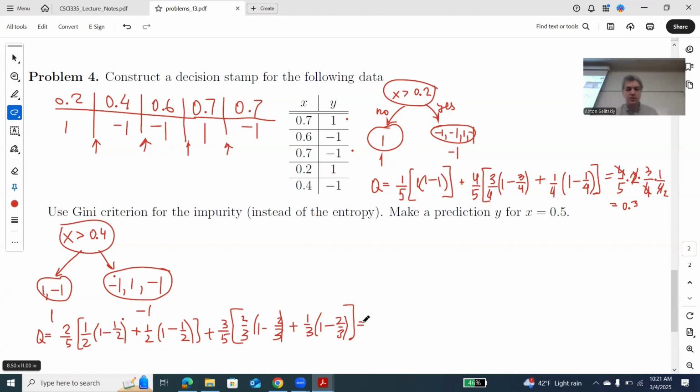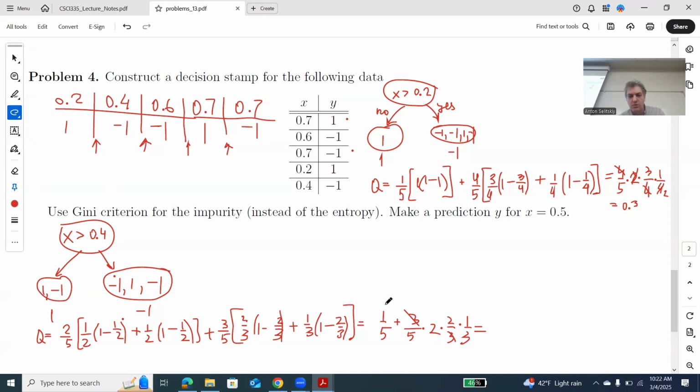The first. And here again, these numbers are equal, so I will use 2. So 3 will cancel out.